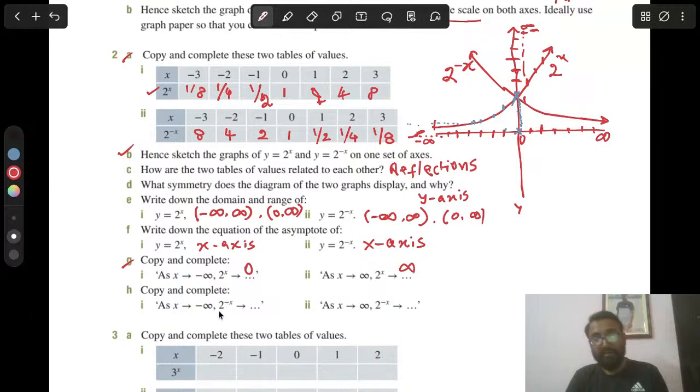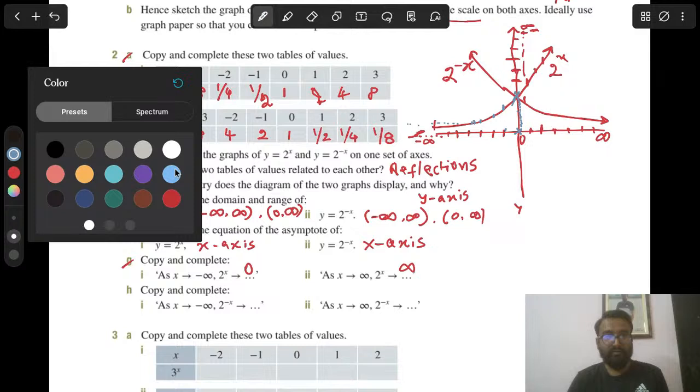As x extends to minus infinite, where is 2 power minus x going? Now you have to come to another graph. As x extends to minus infinite, where are you going? Infinite.